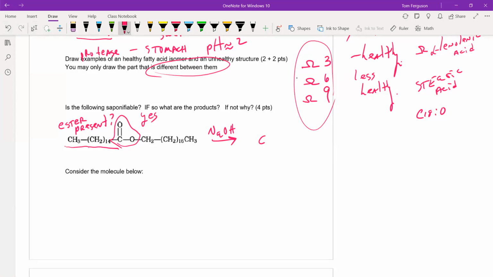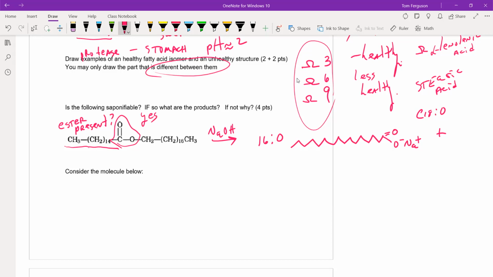Okay, so it's 16 carbons, no double bonds. And this would be the acid.